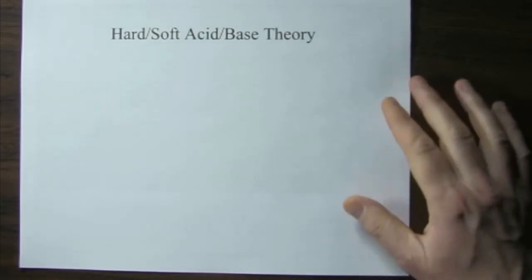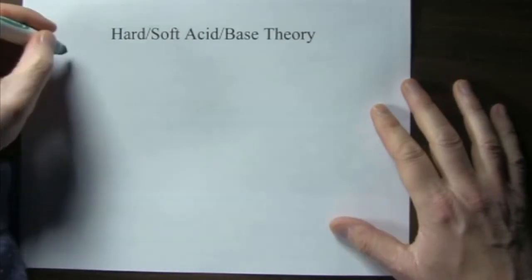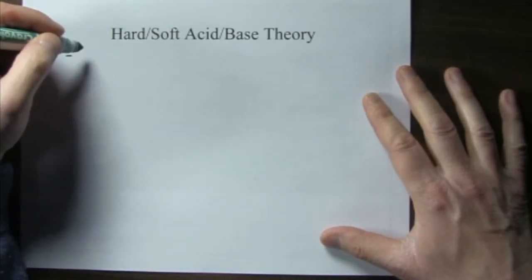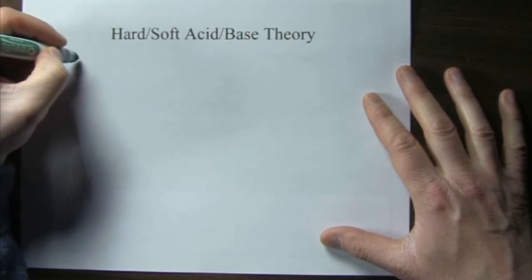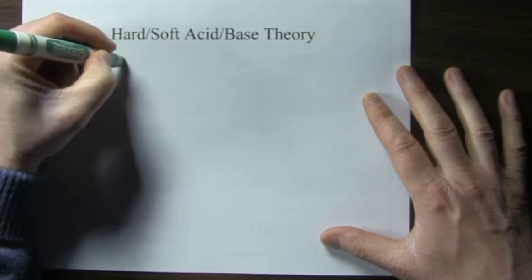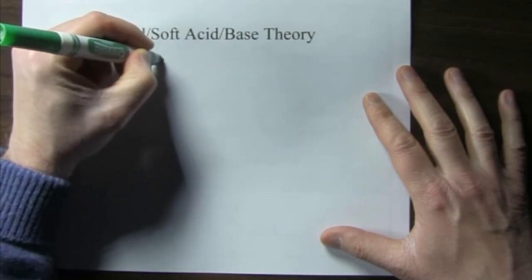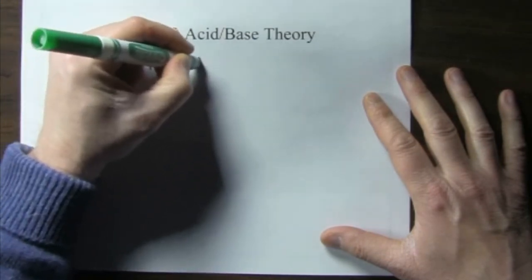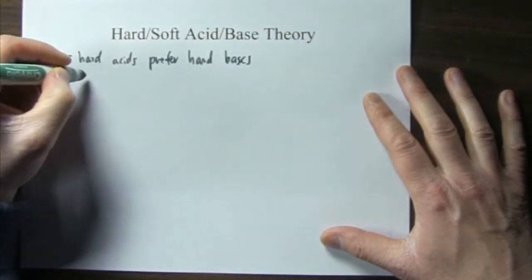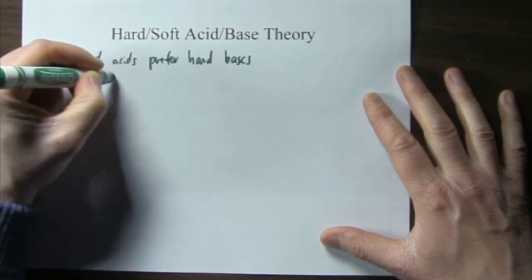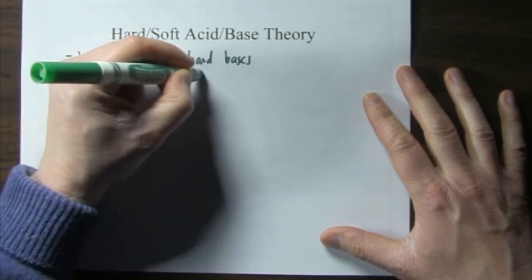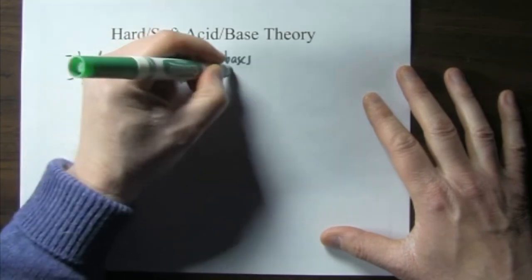Hard-soft acid-base theory was proposed in the 60s, and the rule is that hard acids prefer hard bases. And the opposite is also true. Soft acids prefer soft bases.